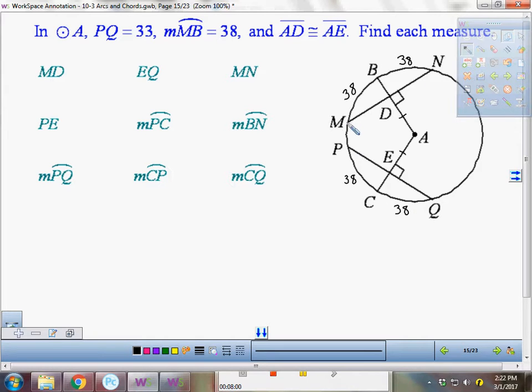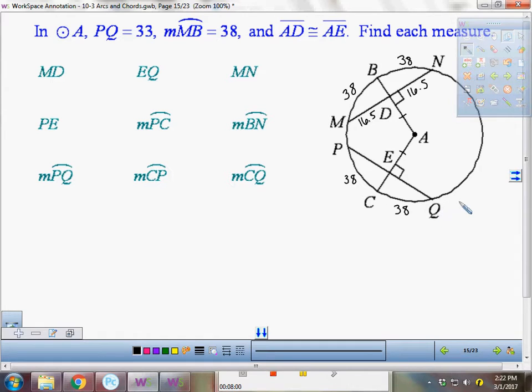And then I know that since MN is 33 and PQ is 33, if I half that, I get each little piece right here. So like MD would be 16.5 along with this part right here. And same thing over here on PQ.